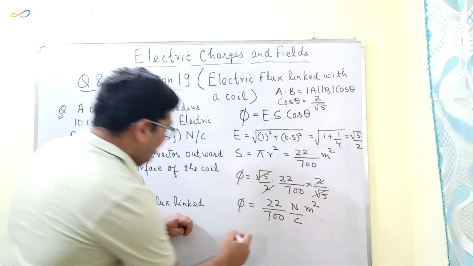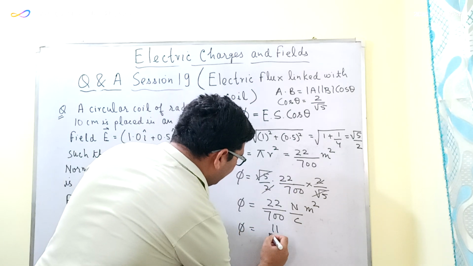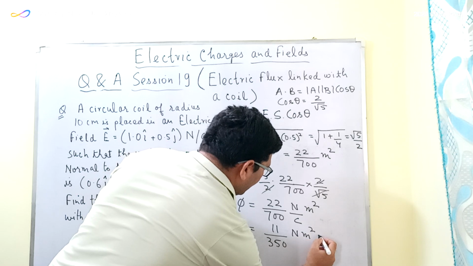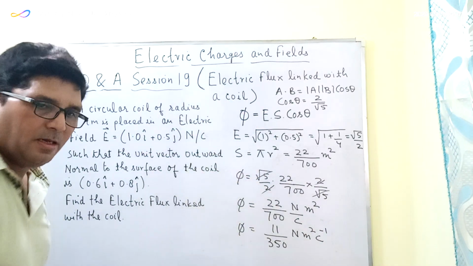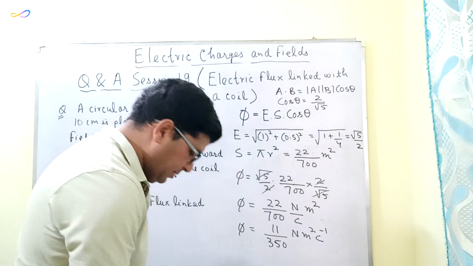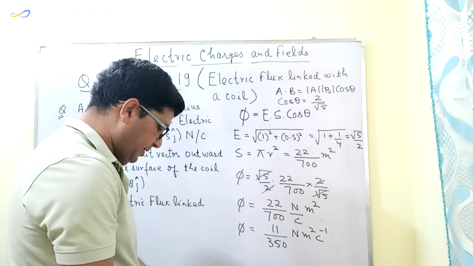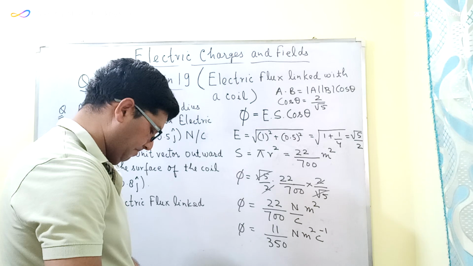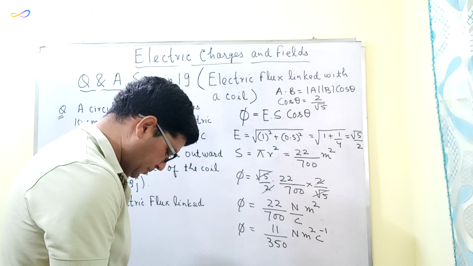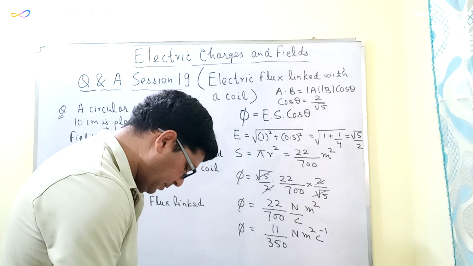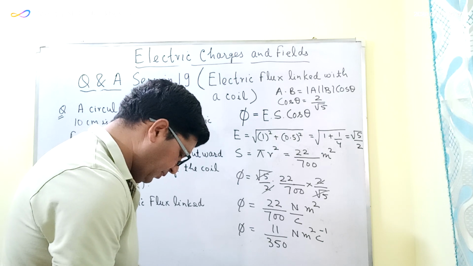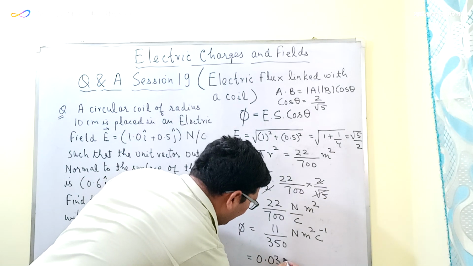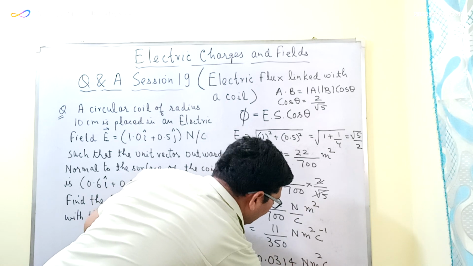meter square. Or if we want to simplify, you can write it down as 11 by 350 Newton meter square per coulomb, and the value of the flux will be equal to 11 divided by 350, which is equal to 0.0314 Newton meter square per coulomb.